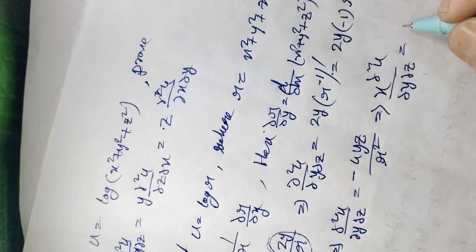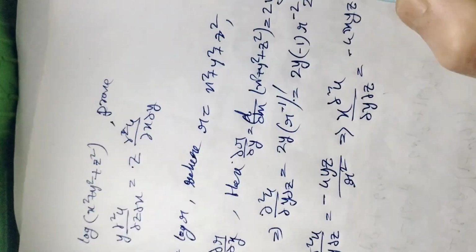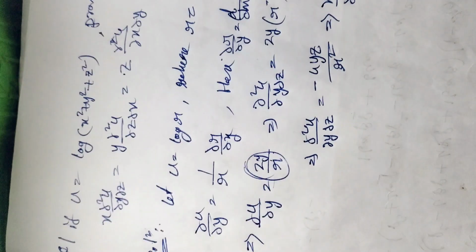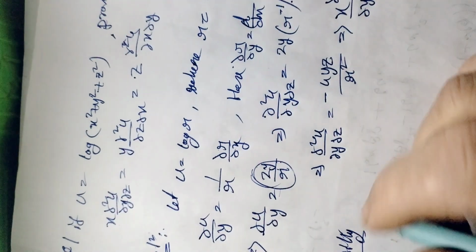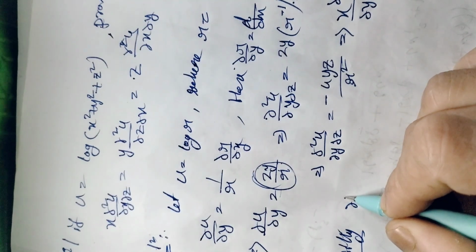Here this will imply minus 4xyz upon r square. Similarly, now find this part value.